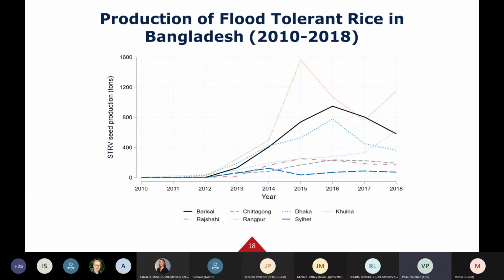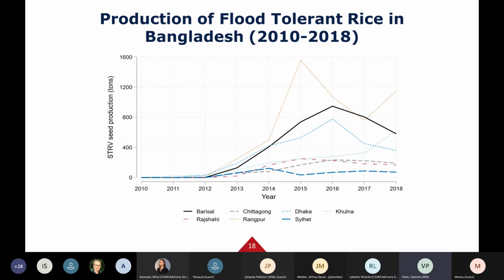So what you see here on this figure shows the total amount of STRV which is produced in each division in Bangladesh each year from 2010 all the way to 2018. You can see that at the very beginning, there was very little STRV seed being produced in the very first year. But after the introduction in 2010, for example, you can see that up to 8 tons of seed were produced.